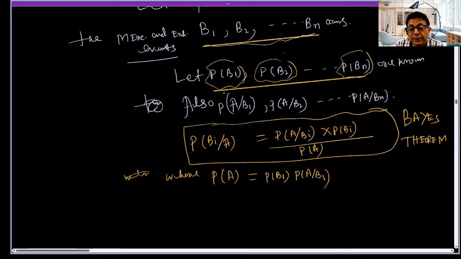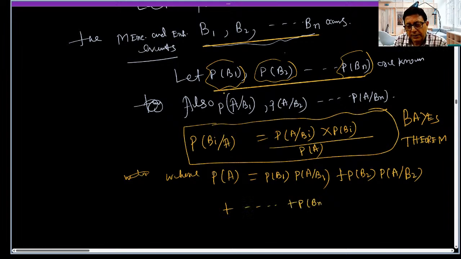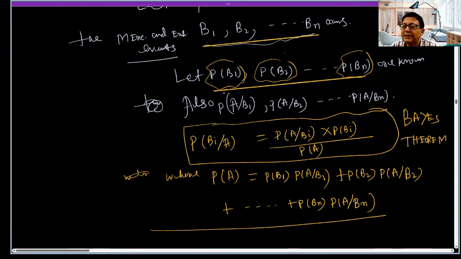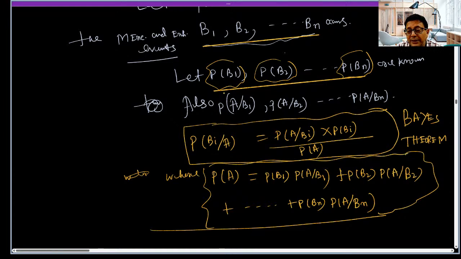So P(A) will be P(B1)P(A|B1) plus P(B2)P(A|B2) plus P(Bn)P(A|Bn). I explain again. And if you have said this one Bayes theorem, this thing you will remember as total probability.